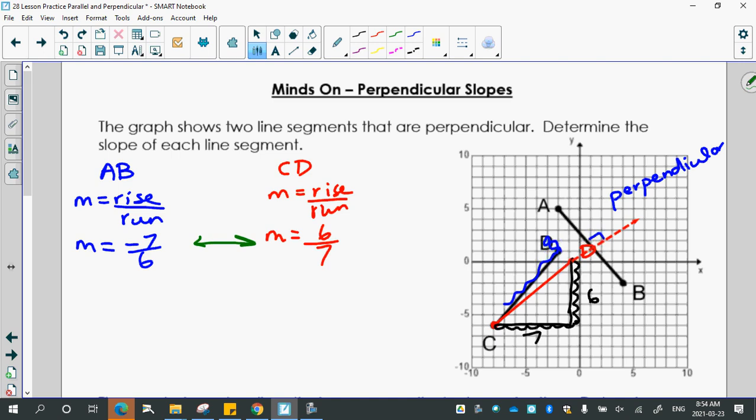Yep. They're opposite. So first of all, one has to be positive and one has to be negative. Okay. And then what's the other thing that's different about them? The numbers are flipped. Okay. So perpendicular slopes have opposite signs.